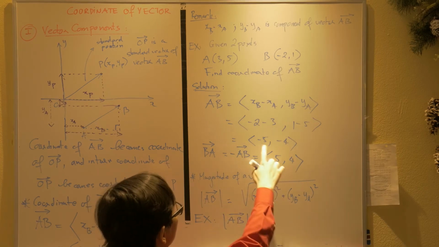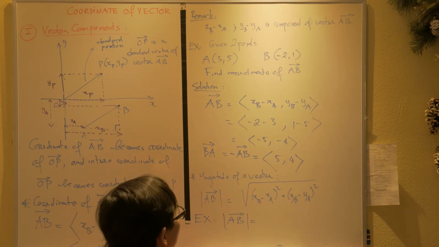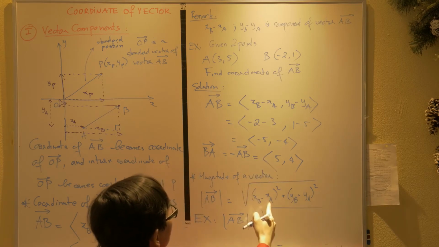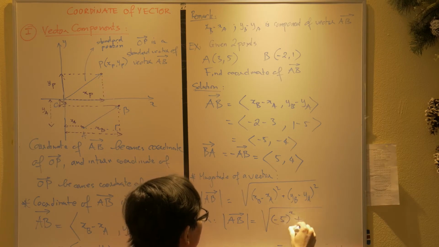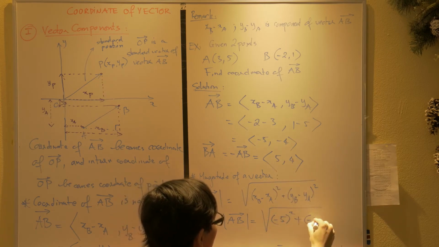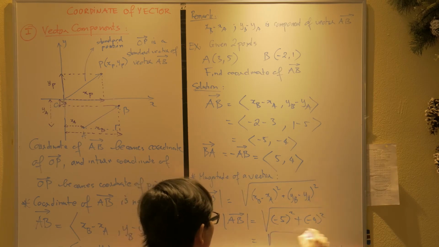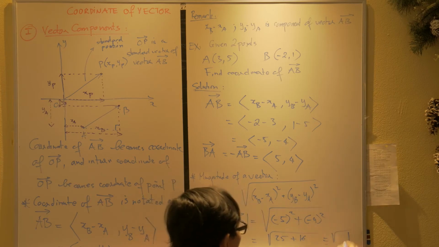So we already have the coordinate, right? You just square that. So xb minus xa is -5, so -5 square plus -4 square. That gives you 25 plus 16, which is 41.